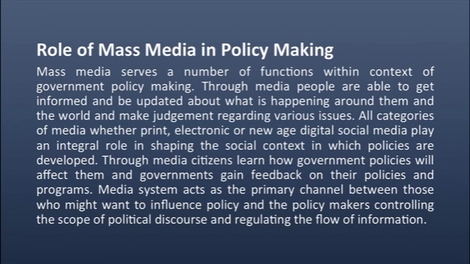All categories of media, whether print, electronic or new age digital social media, play an integral role in shaping the social context in which policies are developed. Through media, citizens learn how government policies will affect them, and governments gain feedback on their policies and programs.